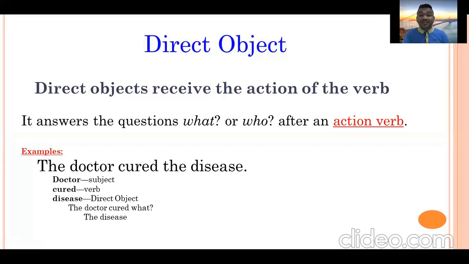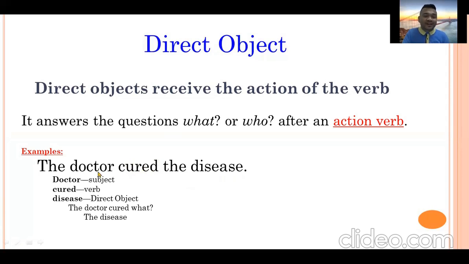And cured what? The disease. The disease here is the direct object because it answers the question what, and it follows after the what? After the verb. Great job.